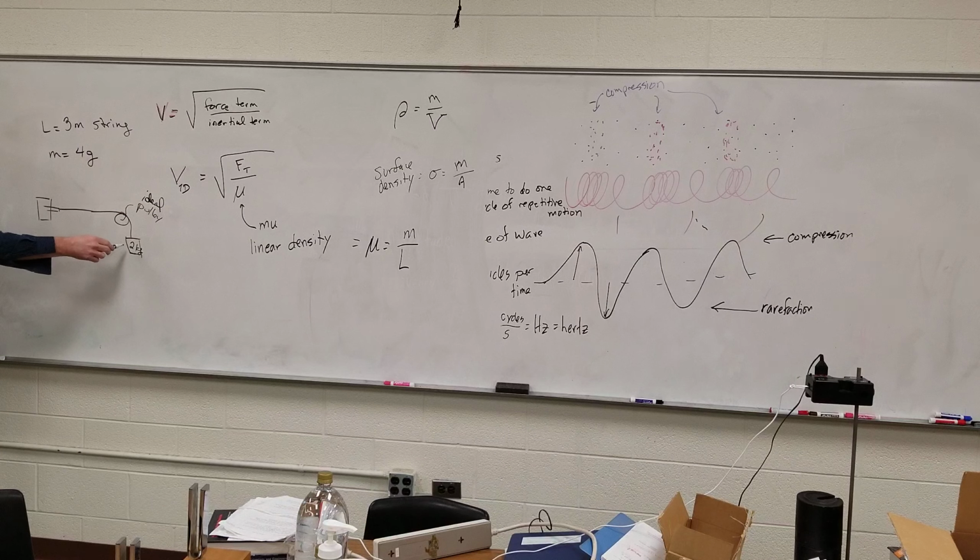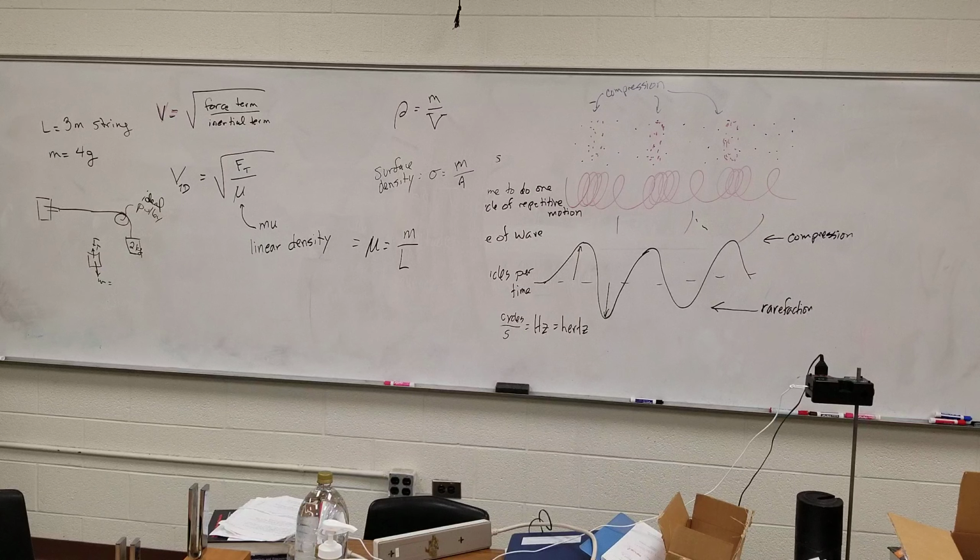If this mass is just hanging there in static equilibrium, then the total force acting on the mass would be 0. I have weight acting down and tension acting up. What is the weight of a 2 kilogram mass, or how would you find it? Mass times 9.8.